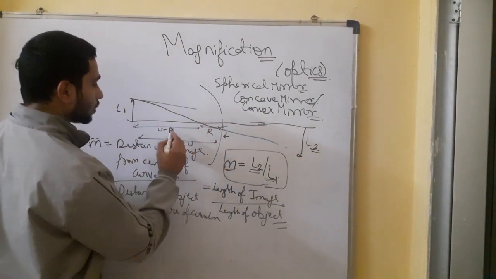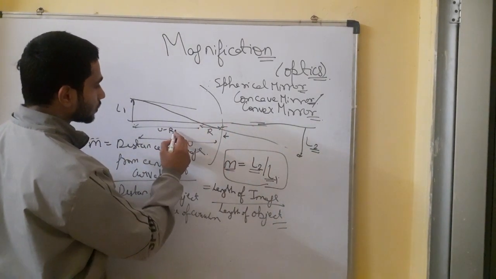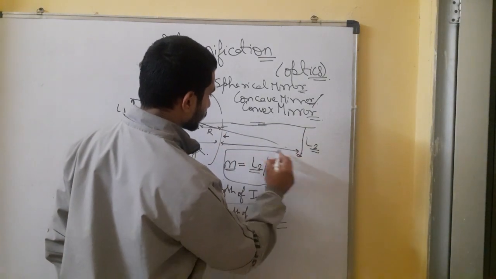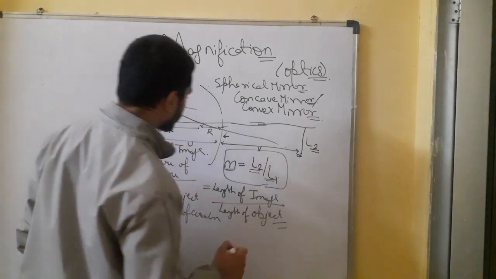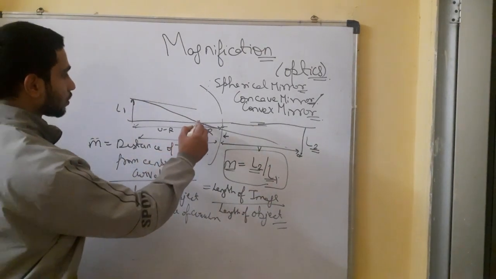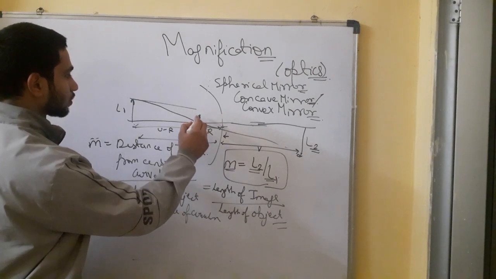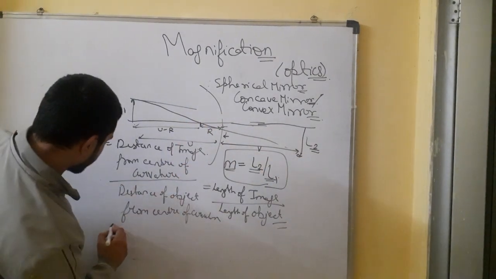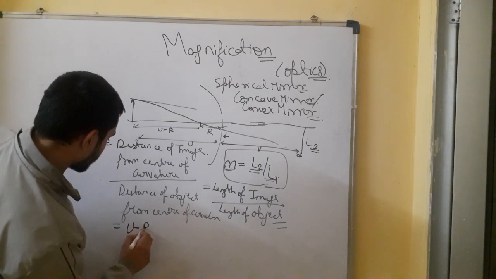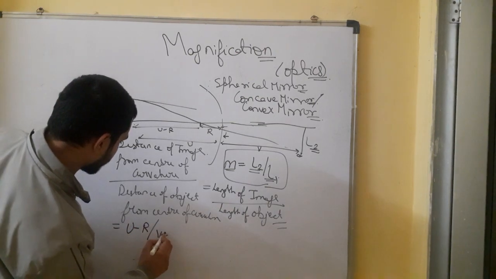So this distance is u minus r and this distance is v. So u minus r upon v plus r.